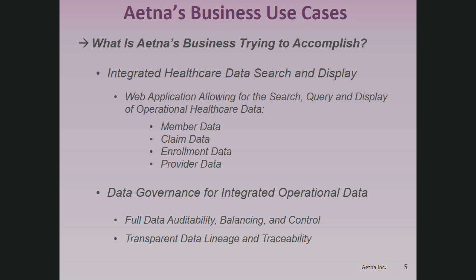So I want to start out by just describing a little bit of what Aetna's use cases are. Aetna is a healthcare company that I'm sure everybody knows. And like many companies that have old legacy applications, we need to integrate our data between applications. We have member data, claim data, enrollment data. This is your typical healthcare data. We need a high degree of data governance.